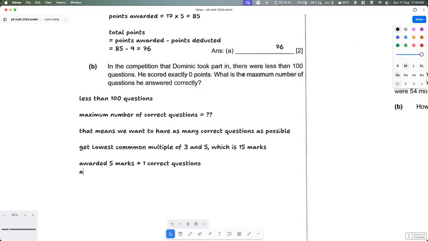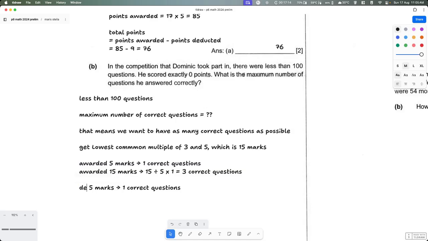Okay, and then awarded 15 marks is equal to 15 divided by 5 times 1, equal to 3 correct questions.